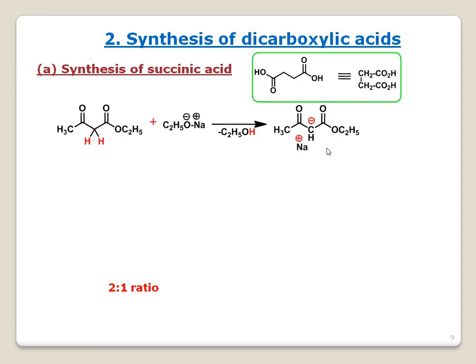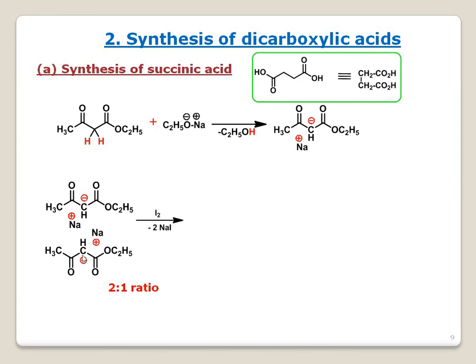You take the active methylene compound and prepare the enolate. You take that in a 2:1 ratio with iodine, which will eliminate 2 NaI, and a bond will form over here like this. Now what is the purpose? If you do alcoholic KOH hydrolysis, cleavage will happen here and also here, giving 2 molecules of acetic acid and 2 molecules of ethanol.